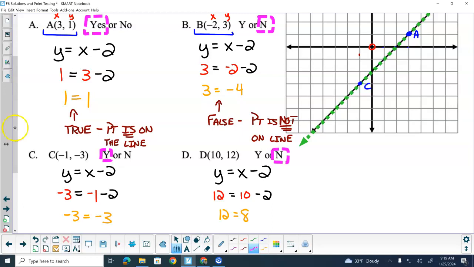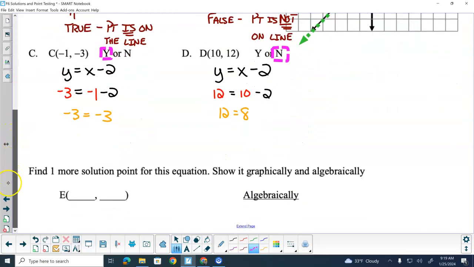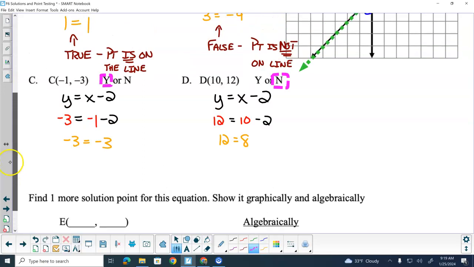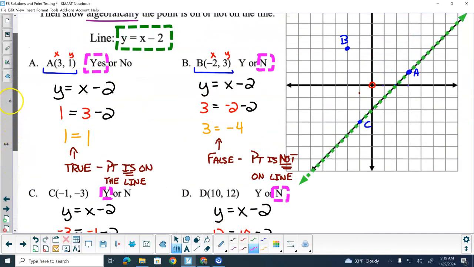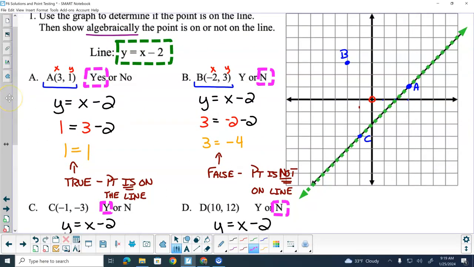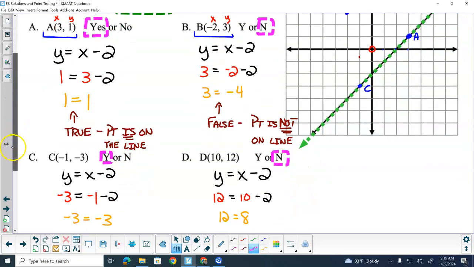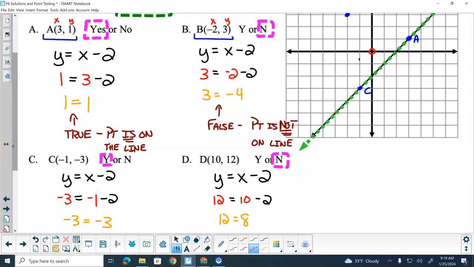Now, then it goes on to say here, find one more solution point for this equation. Show it graphically and show it algebraically. Let's call it point E. As long as point E is on that line somewhere, it's going to be what's called a solution.